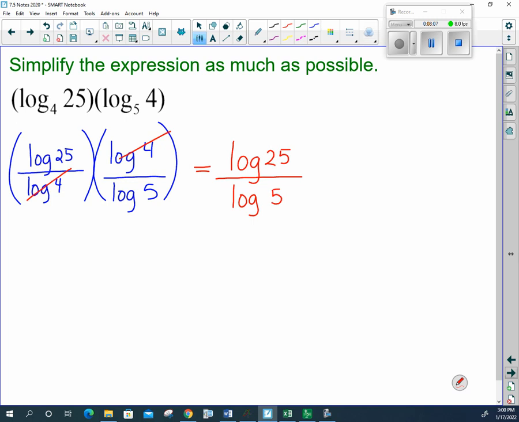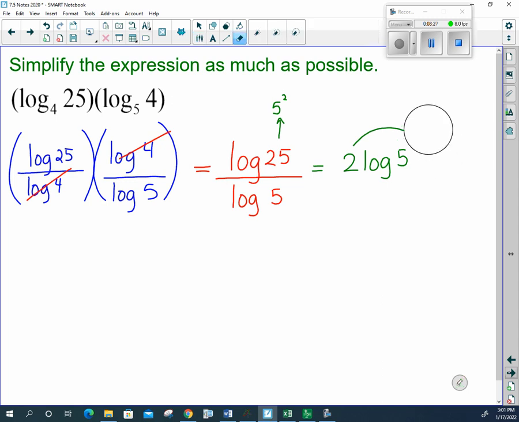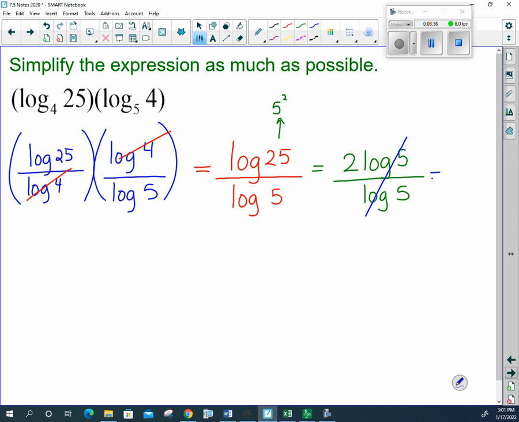Now, log 5 can only reduce with a log 5. So I can rewrite 25 as 5 squared. So if this is 5 squared, I could say that this is 2 times the log of 5. I just took the power that was here and I moved it out in front, okay? Over log 5. And now we can reduce the log 5s, and we end up with a final answer of 2. So that whole thing reduces to 2.